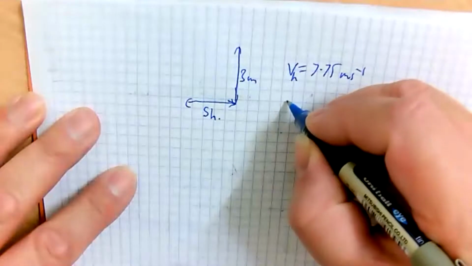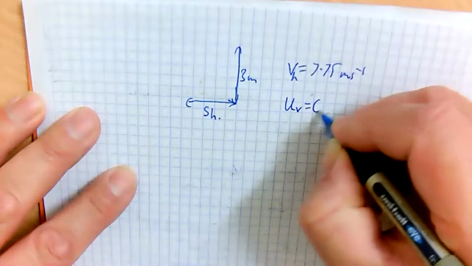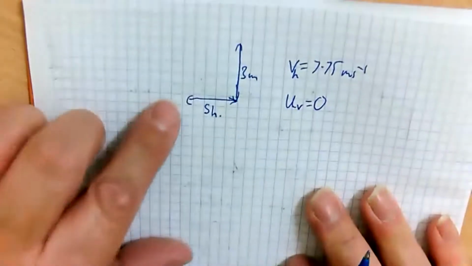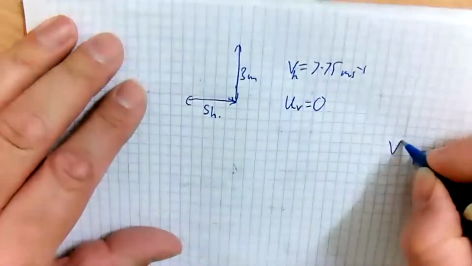We know that the initial vertical velocity is again 0, so we can work out how long it takes to fall. We take vertical motion into account.